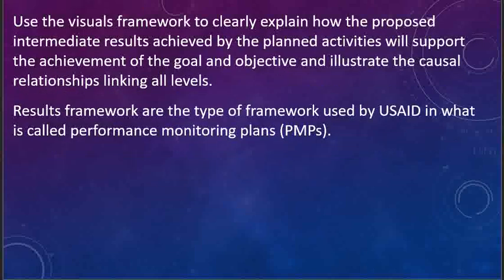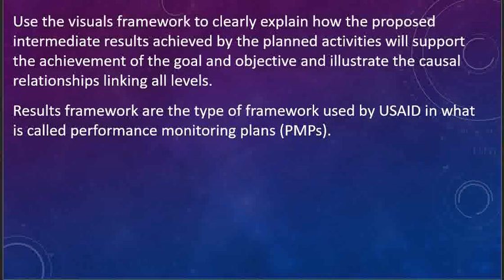All right. Use a visual result framework to clearly explain how proposed intermediate results achieved by the planned activities will support the achievement of the goal and objective, and will illustrate the causal relationship linking all levels.